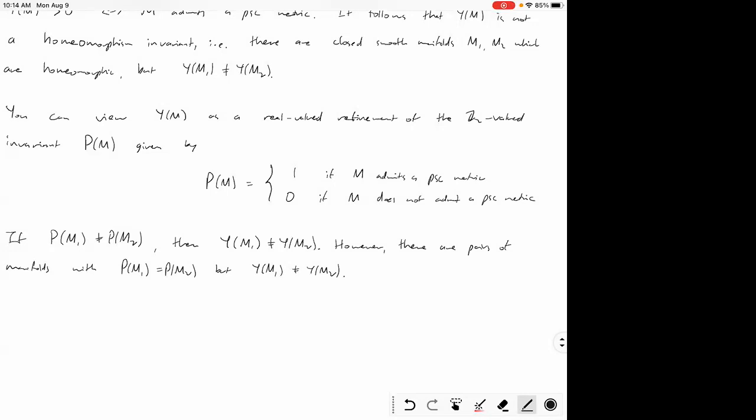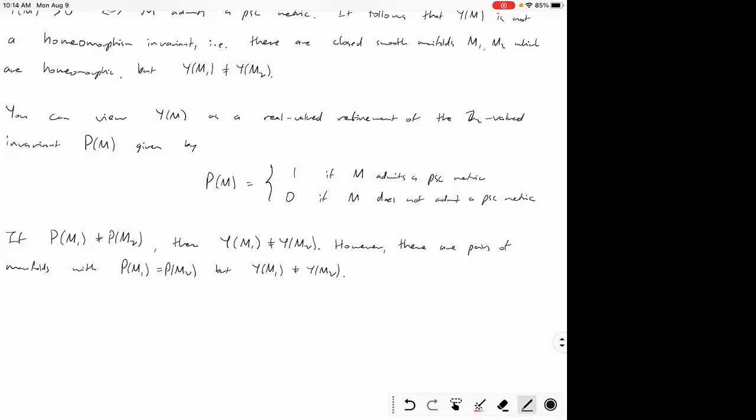So you could have two smooth manifolds and you know somehow they're homeomorphic, but you really want to know, are they diffeomorphic? Well, you could maybe use this invariant P. You could check, okay, they either both have positive scalar curvature or they both don't. So P will be the same for both manifolds. However, the Yamabe invariant is more delicate. It has more information.